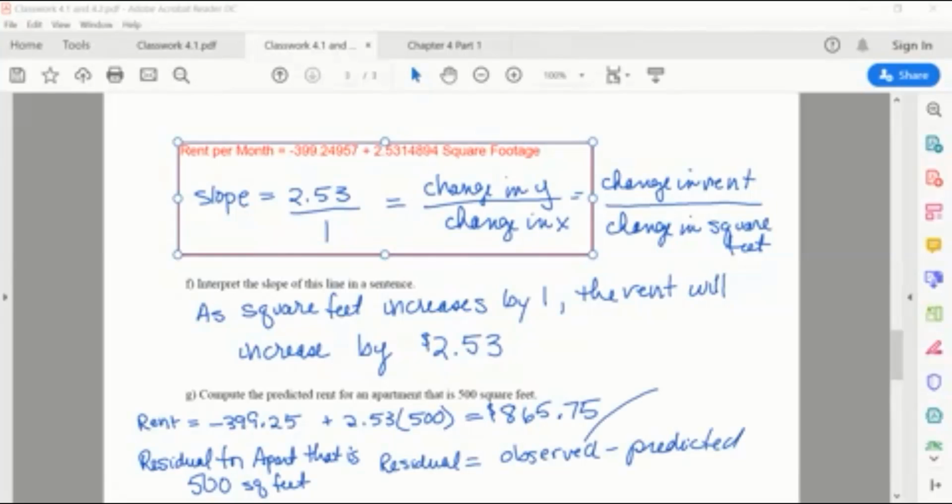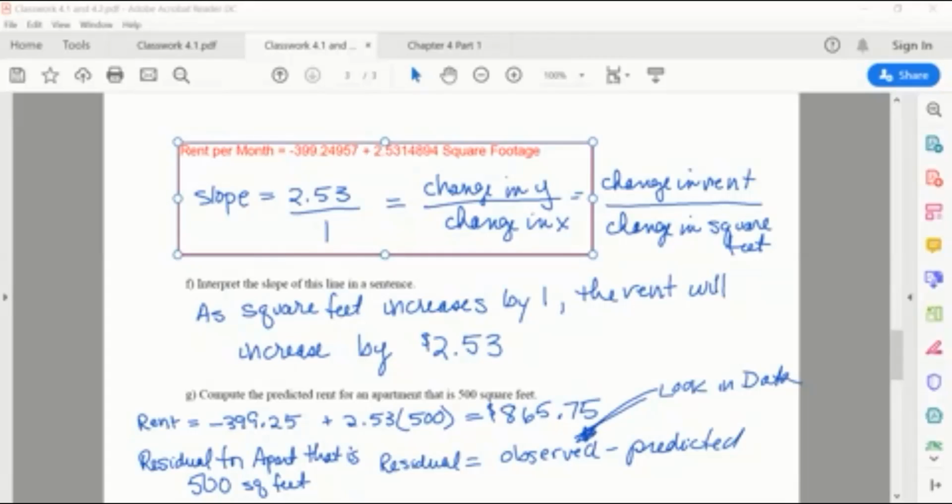And for the observed, you want to look in the data. If I go look in the data table, excuse me, I don't want to do it because all this is going to disappear.